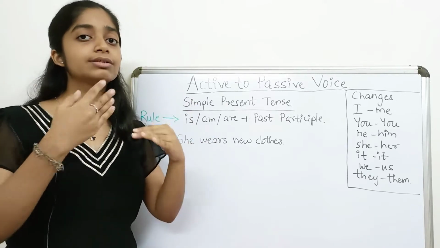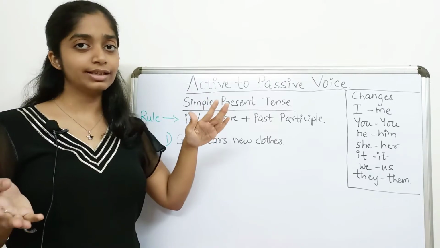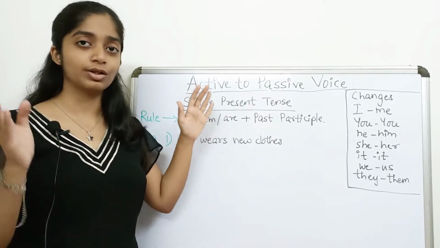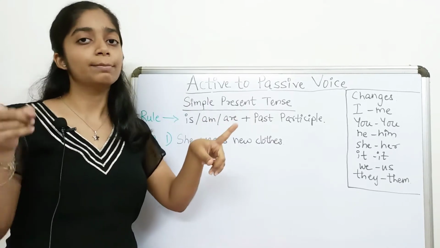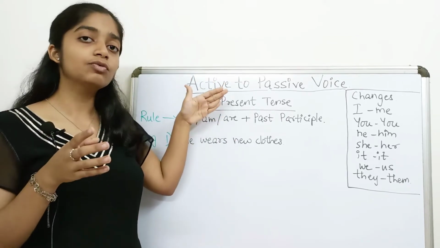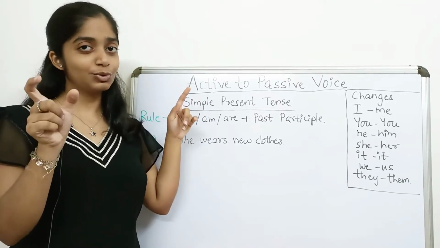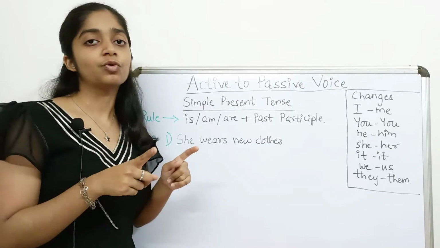So, a letter is written by me. This will be the passive voice of that sentence. I will teach you how to make those sentences into passive voice, but this distinguishes between active and passive voice. I write a letter, this is active voice. A letter is written by me. By comes into the picture, then that sentence is in the passive voice.